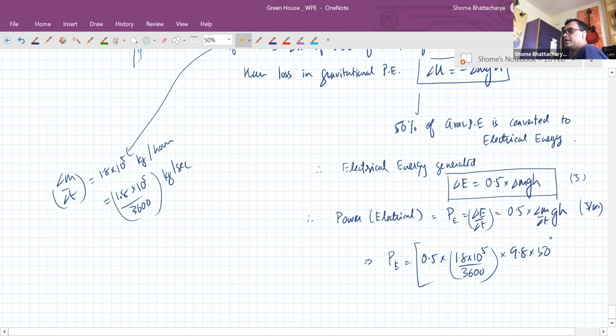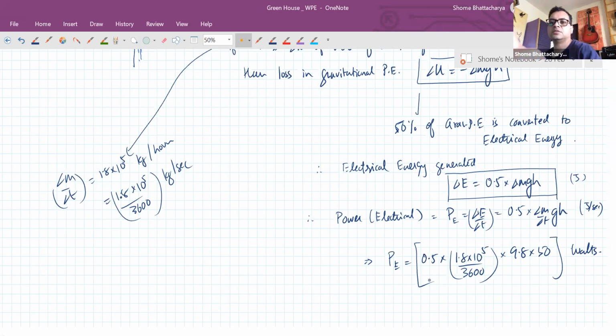So this power that we'll be getting is in joules per second or watts. Now divide this by 100 watts and you will get the number of bulbs that are illuminated by using this electrical power generation system. Hope this is clear.